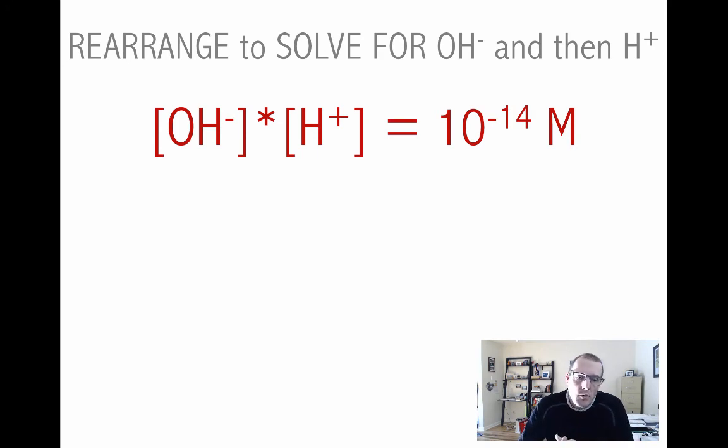So you should be able to do this algebraically. Now, if the logs and all that kind of thing confuse you, think about it like this. It is A times B equals 10 to the minus 14 molar. And so you should be able to rearrange A times B equals 10 to the minus 14 to solve for A or B. If I give you A, you should be able to give me B. If I give you OH-, you should be able to give me the proton concentration.